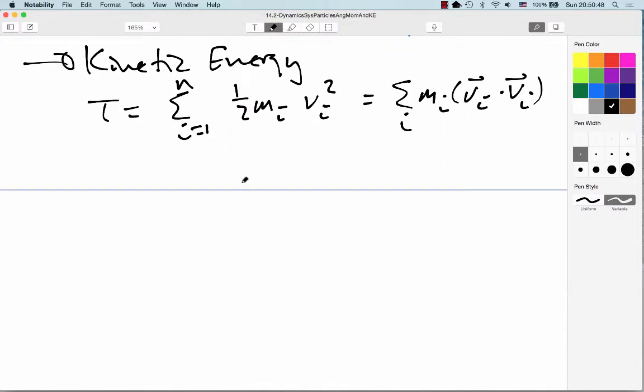So again, we can go ahead and expand that out in terms of our center of mass representation.